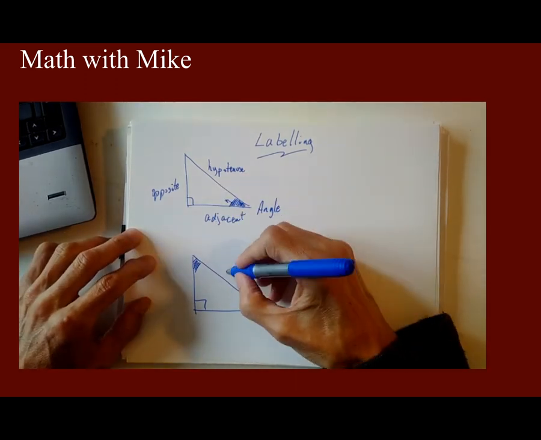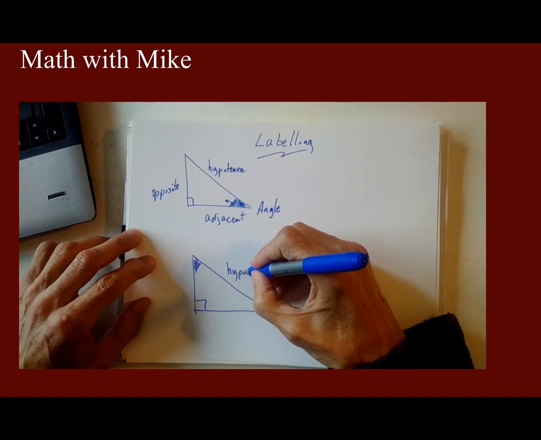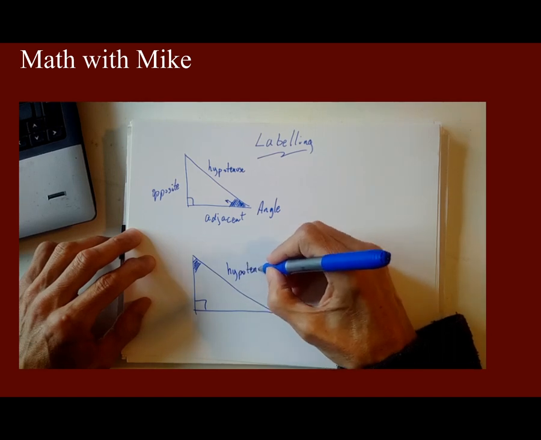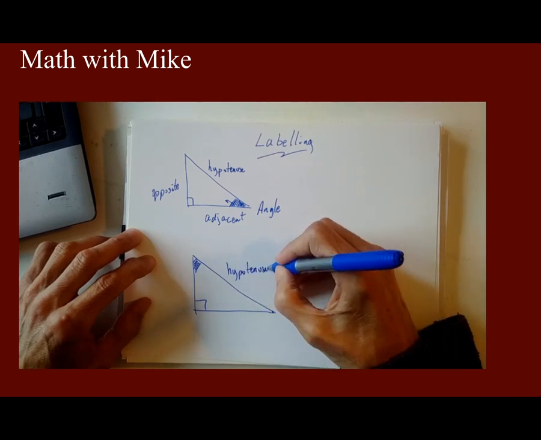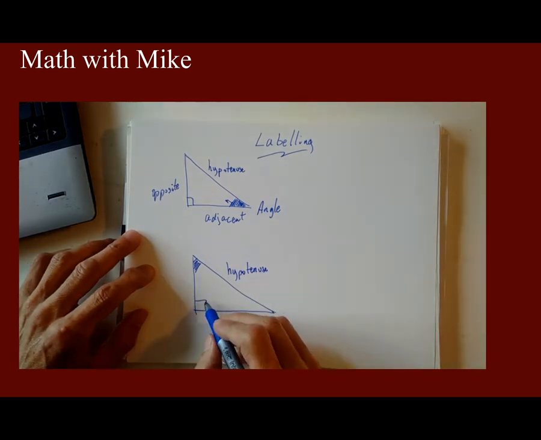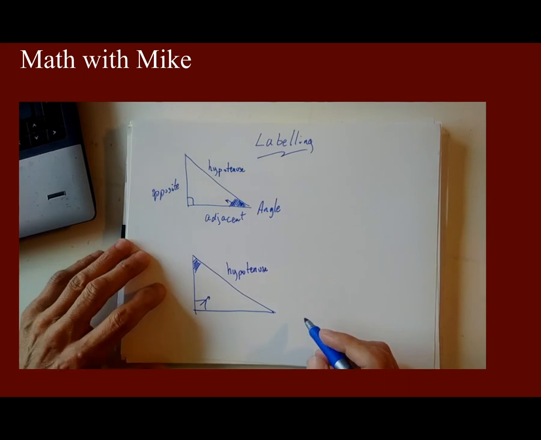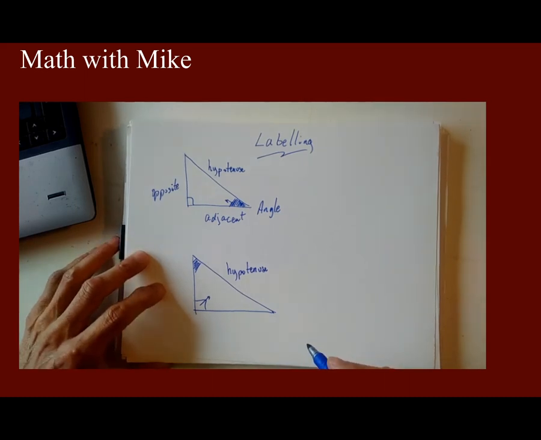Well, the long side, that is still the hypotenuse. That's not going to change. In fact, the 90 degrees points at it, if you like. Some people like that as a memory device.